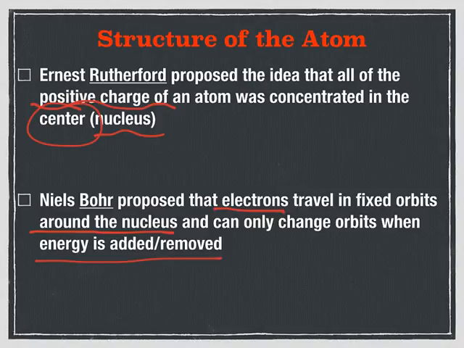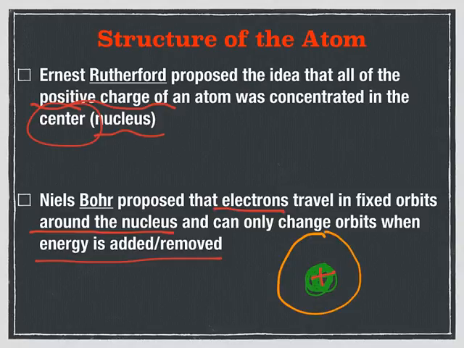Now, this, we could say, is fairly accurate. The Bohr model is actually the model that we use when we draw atoms in class. It's still missing a crucial detail, but this was pretty big. So Bohr took Rutherford's concept of the nucleus. So in the center of an atom is this positive region. What Bohr said is there were these almost like rings, which he called orbits.